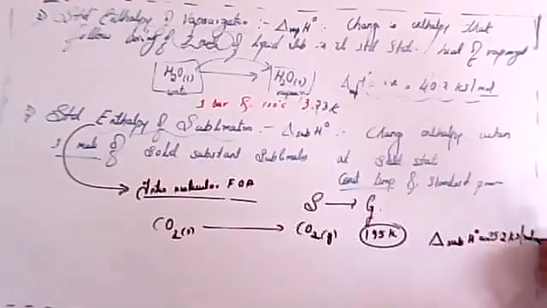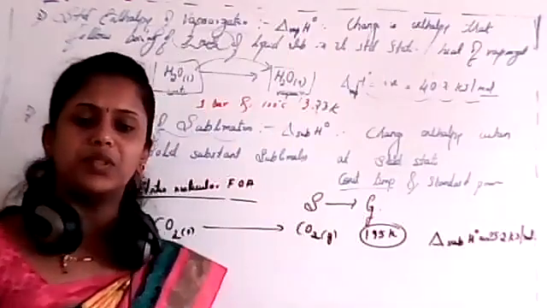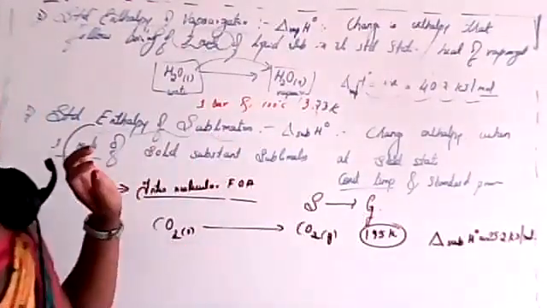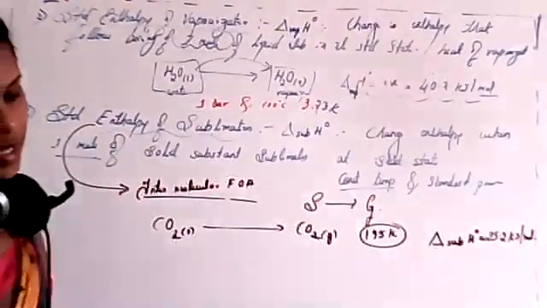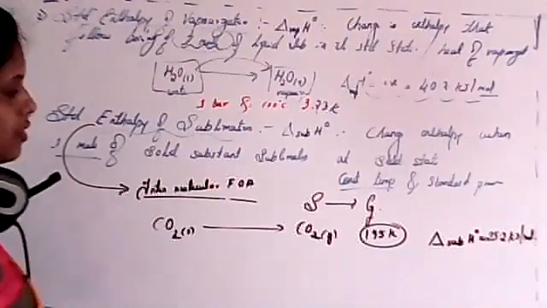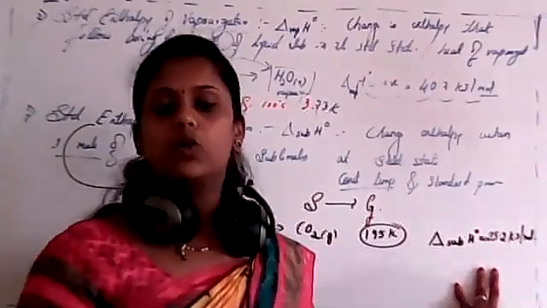You can also use naphthalene and camphor as examples for the sublimation process. Naphthalene also sublimates, and its ΔH value is 73.2 kilojoule per mole.